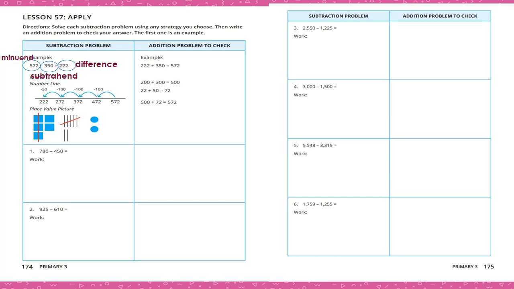You can solve it by ones with ones and so on, or by another strategy, make hundreds plus hundreds, tens plus tens, ones plus ones. Okay? 200 plus 300 equals 500, 22 plus 50 equals 72. Collect it together. So the result will be 572 like the minuend. So the answer is correct.